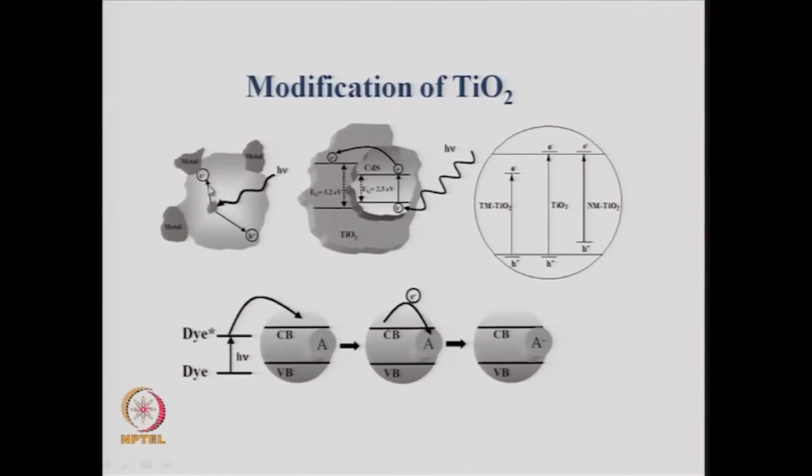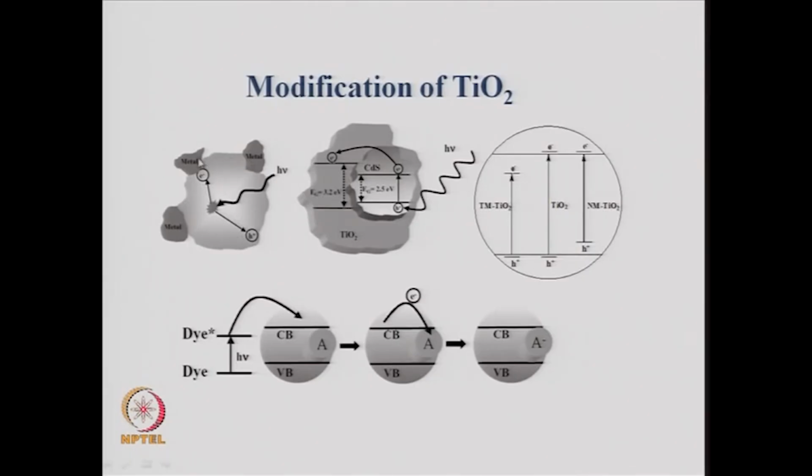Now, if the electrons can migrate to the surface and meet the metal, the metal is an efficient conductor. So, this will take away this electron quickly, and so this electron which is produced here is separated from the hole, and that is one of the important points, how to separate electron and hole.